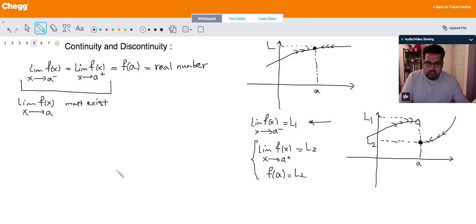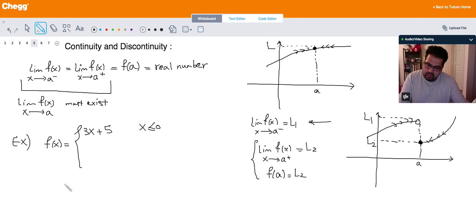Okay, so now we are going to do an example here. Let's say f of x equals 3x plus 5 for x less than or equal to 0, and the other part is negative 2x plus 5 for x bigger than or equal to 0.